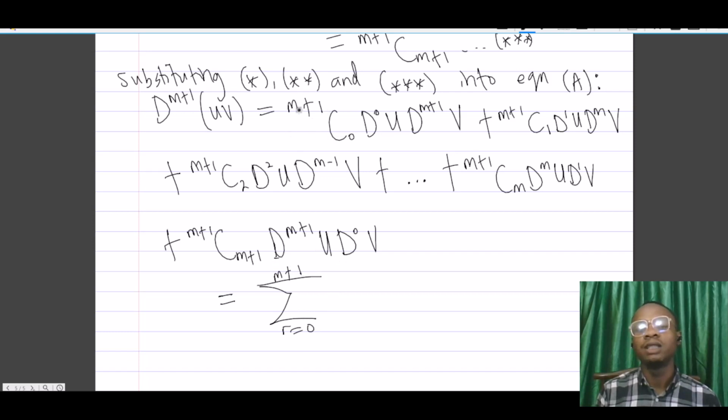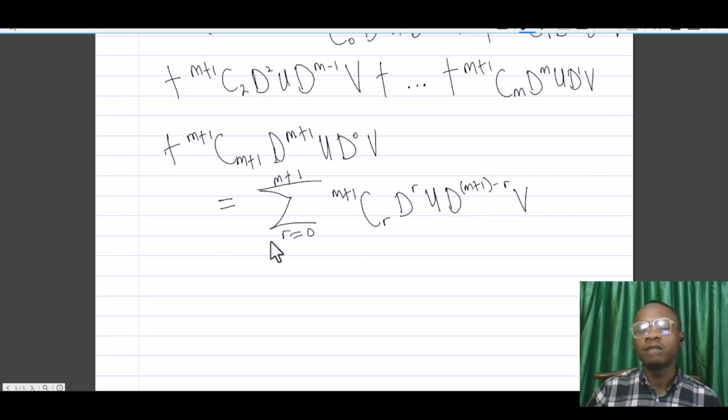And then we had m plus 1 combination r, starting from 0, and then d^r of u, then d^(m+1-r) of v. So we see that this is the same thing as what we have up there.